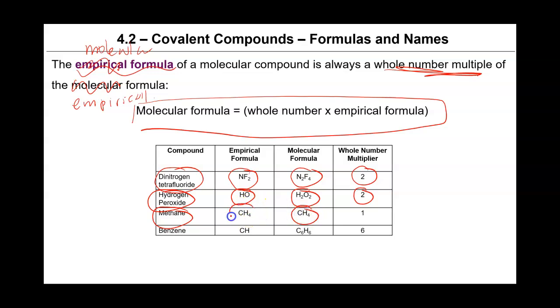That can't be simplified, so CH4 is also the empirical formula. So if you take one lot of the empirical formula, you get the molecular formula. Benzene has molecular formula C6H6, which means its empirical formula is CH, and if you multiply the empirical formula by 6, you get the molecular formula.